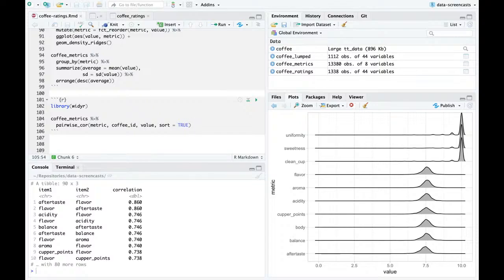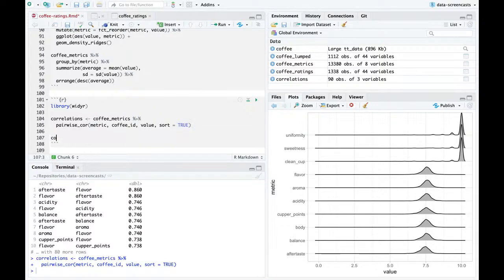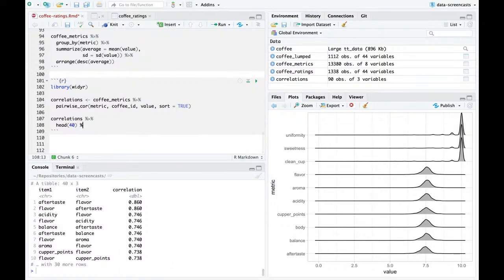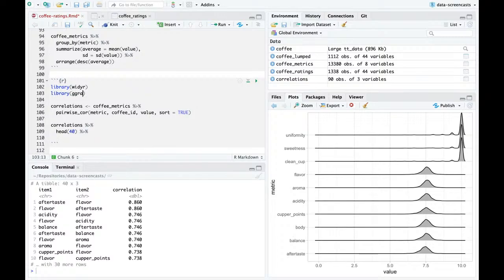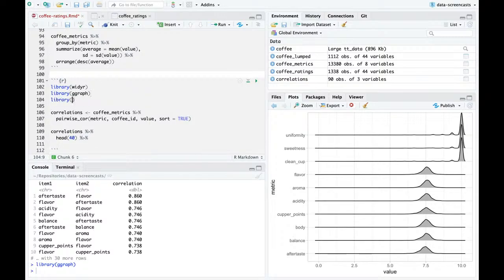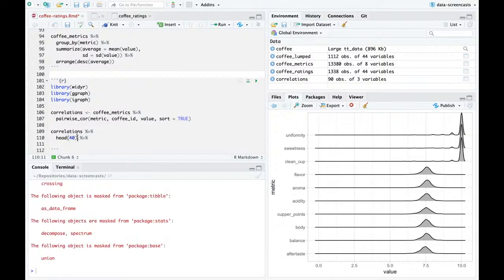So one way we can do this is take our correlations. Notice they go both directions, so if I take the top 40, I'm really getting just 20 connections, and put it into a network plot. You've seen me do this a lot before if you've watched these screencasts. What I like to do is show clusters of these metrics, because that's what I was trying to do just by looking at it manually.